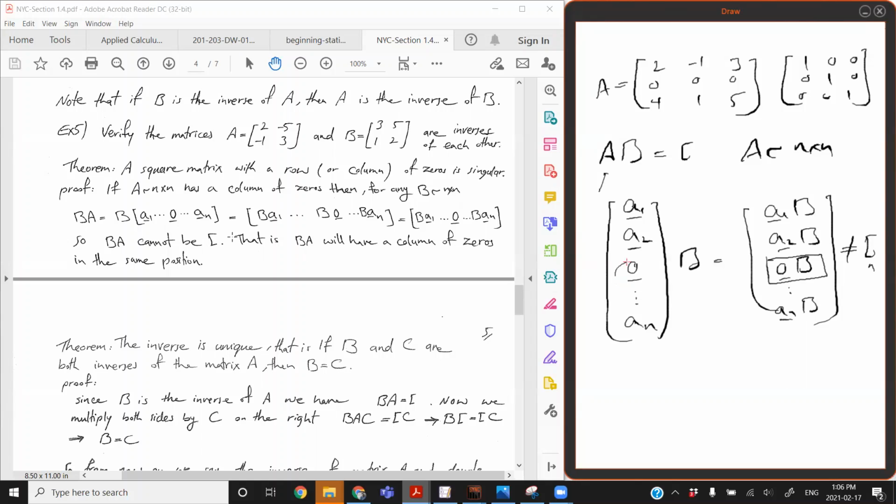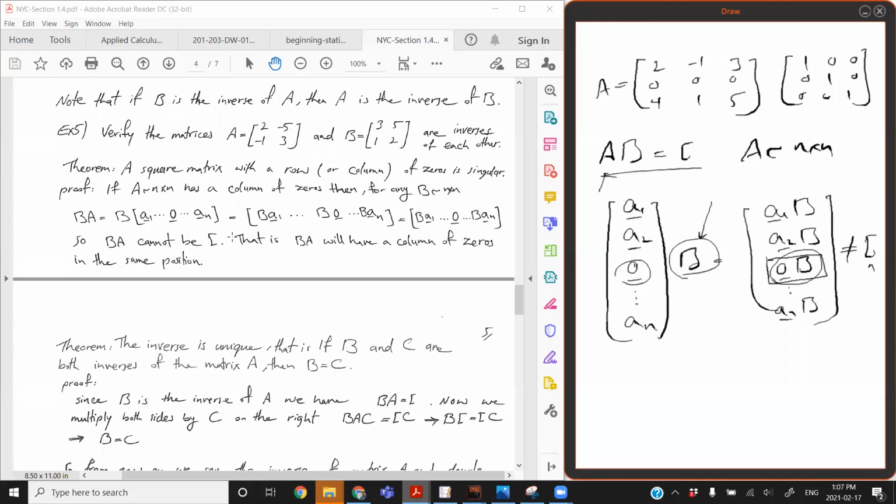However, if A has a row of zeros, then for any matrix B, AB is going to have a row of zeros, so that AB can never be the identity matrix. In other words, it's impossible to find a B so that AB is I. So that's the reason why if you have a row of zeros, then it is automatically a singular matrix.